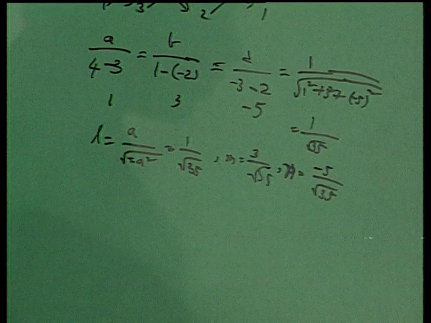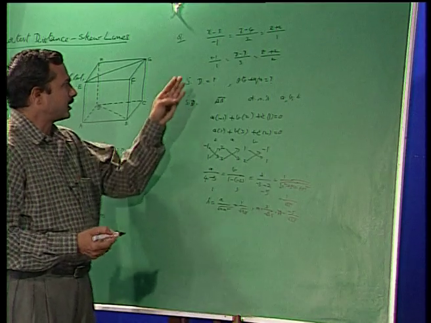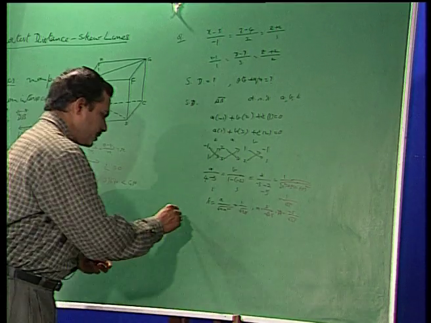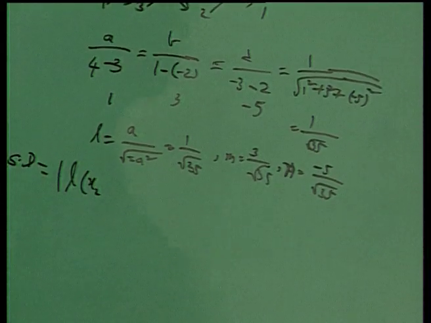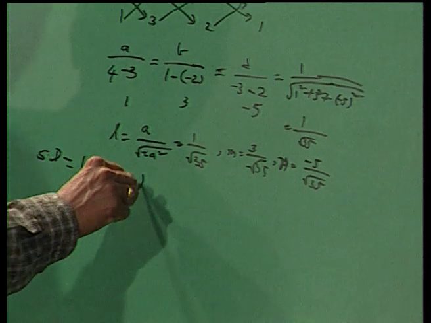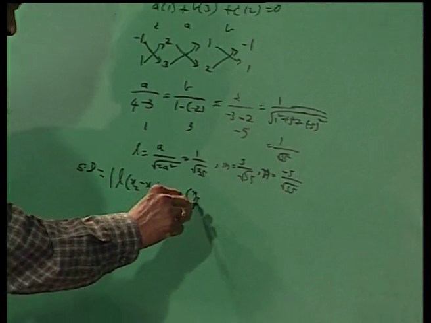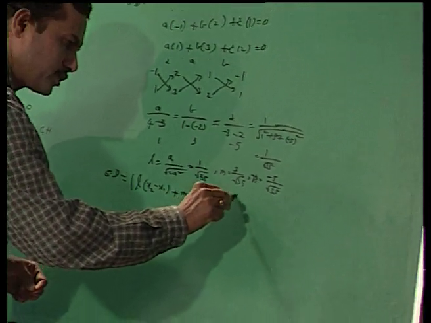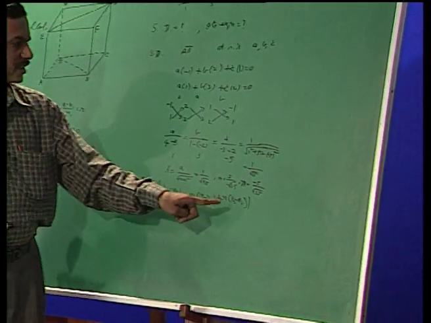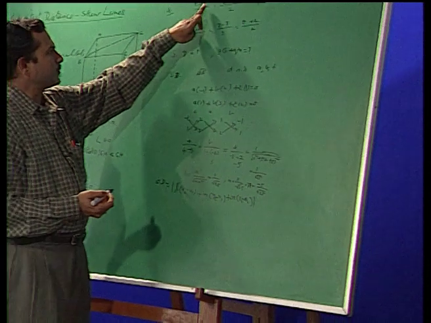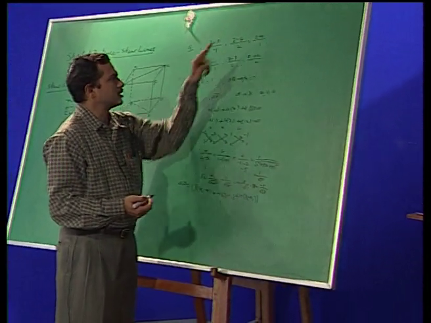and therefore, the length of the shortest distance is modulus of l into x2 minus x1 plus m into y2 minus y1 plus n into z2 minus z1. Here x1, y1, z1 may be taken to be 3, 4 and minus 2.